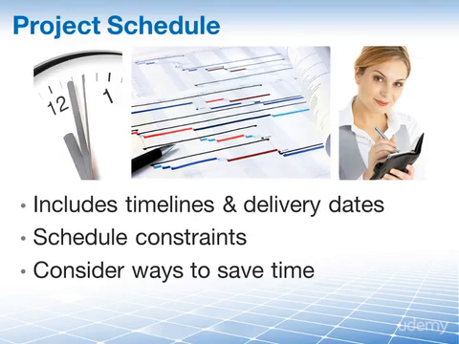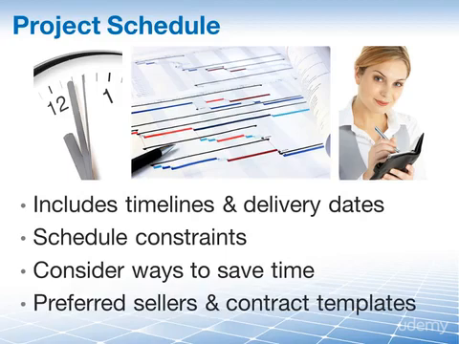For instance, by predefining a preferred seller's list of a particular product, or by using boilerplate contract templates with the aim of not deviating too much from what has already been vetted out in past agreements in order to reduce the time that is spent on a legal review.